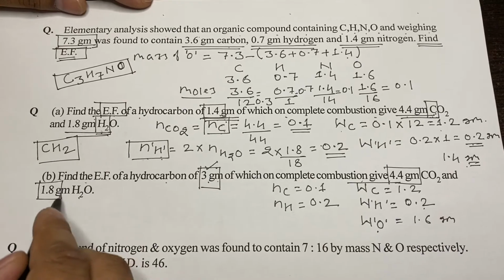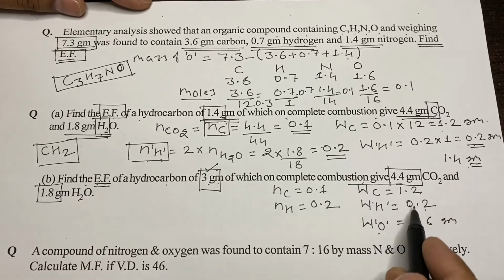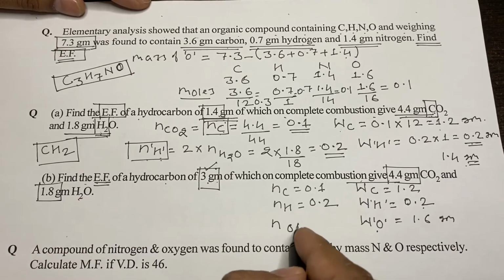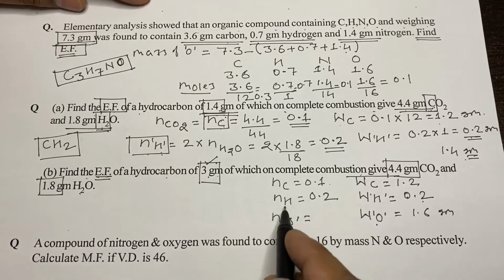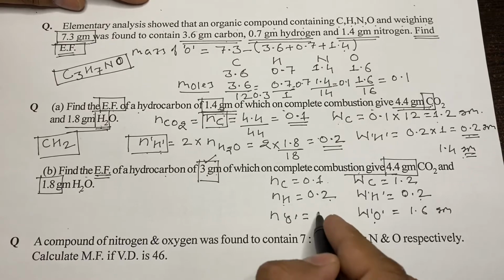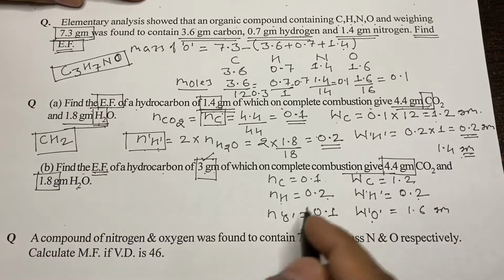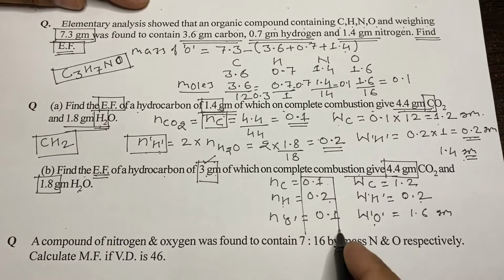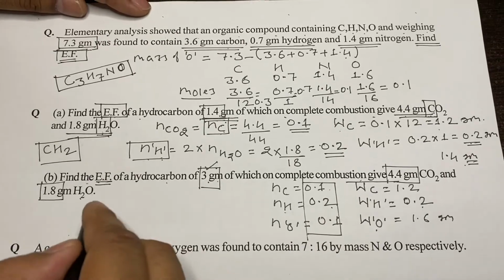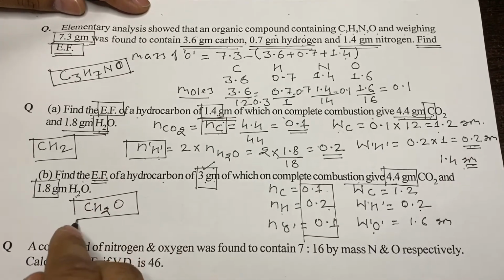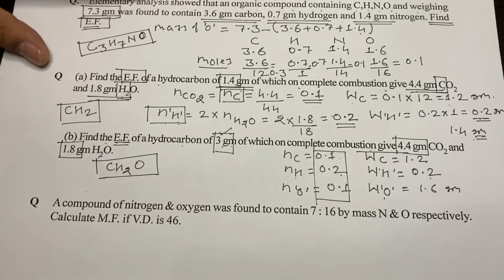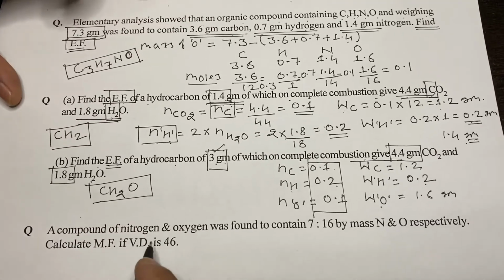So to determine the empirical formula, we find the simplest whole number ratio of the atoms. Carbon is 0.1, hydrogen is 0.2 and oxygen is again 0.1. So taking the simplest whole number ratio of these three elements, the empirical formula should be equal to CH2O. We will take one more example to explain this concept.